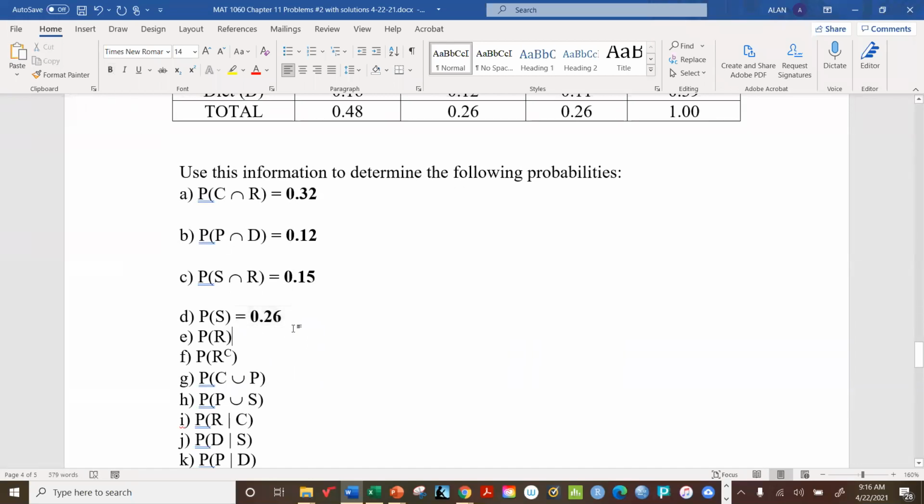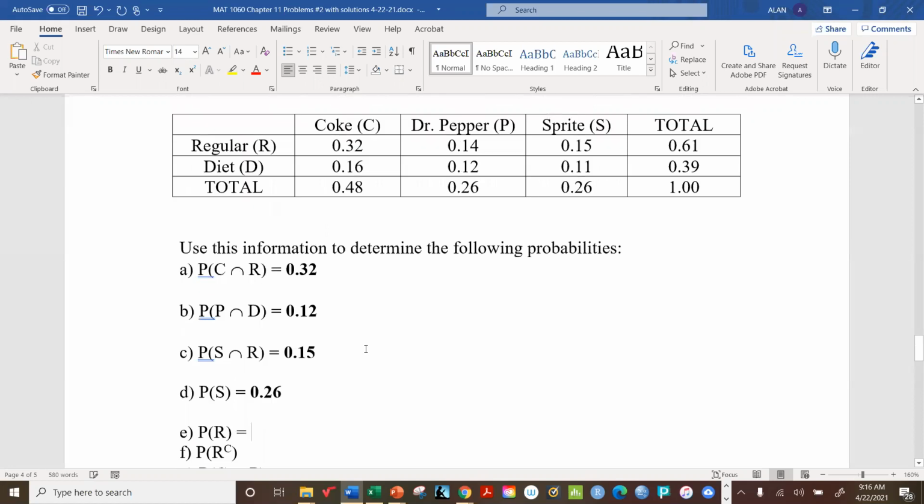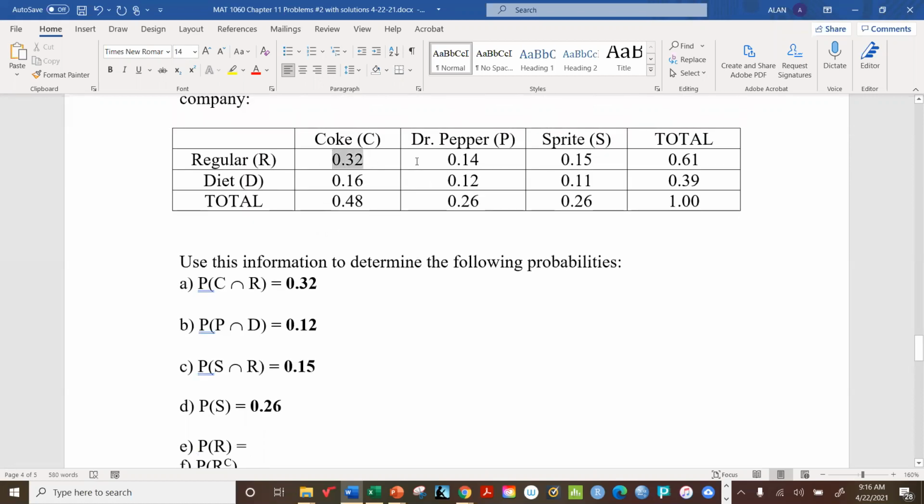And then we have R. R means all the regular flavors, regardless of the styles. R is therefore the sum of this row. Regular Coke, Pepsi, and Sprite add up to 61%.